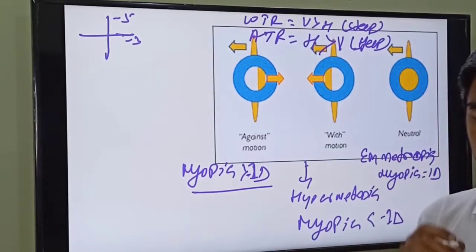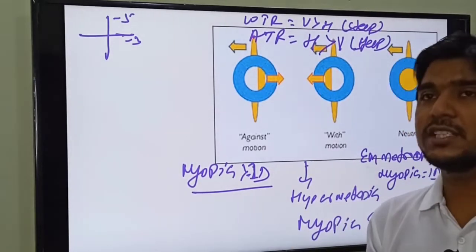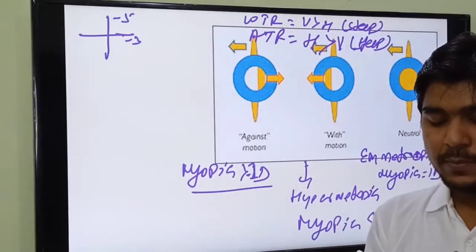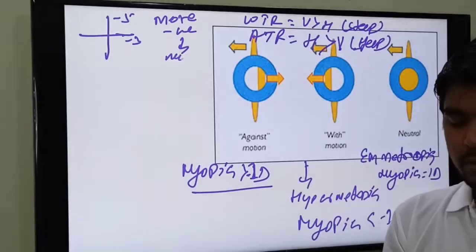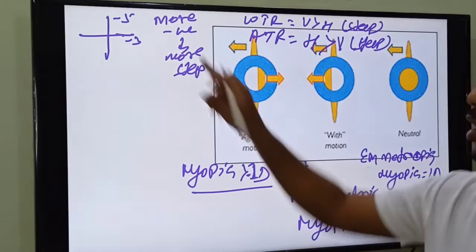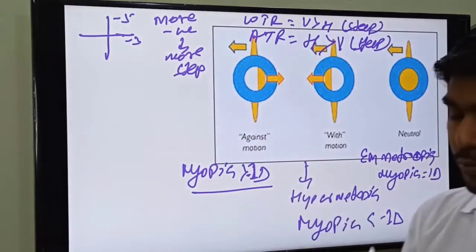And one important thing: the more negative, the more steep. Remember, more negative means more steep.